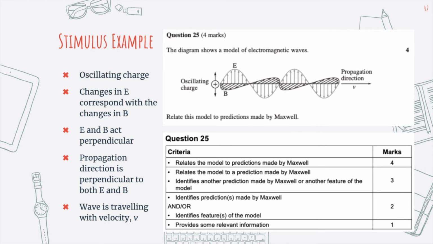By going down into the 3 and 2 and single mark categories, we just decrease the detail of our answer. So to drop down to a 3, we only relate one prediction made by Maxwell. Okay, and any lower than that, we're just looking at single predictions or single features of this model from the stimulus.